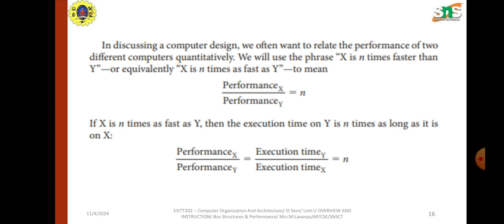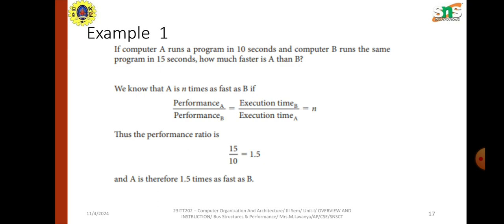So performance of X by performance of Y equal to execution time of Y by execution time of X. By replacing the execution time in the formula, we can calculate how many times the system X is faster than system Y.